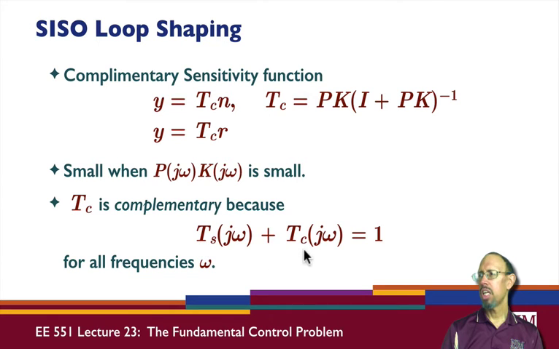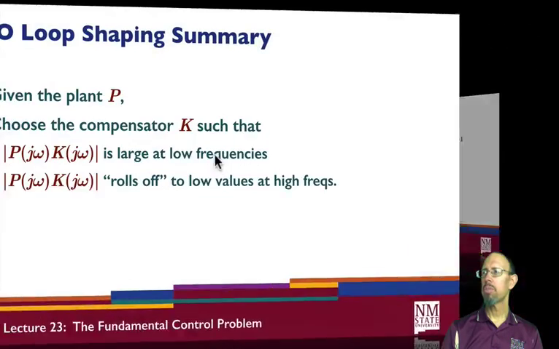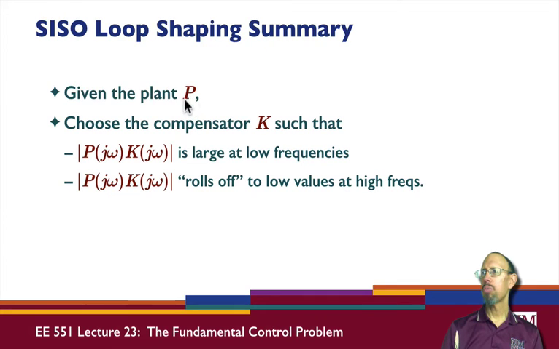In any case, these two will always add up to 1 for all frequencies. In summary, in terms of loop shaping, given a plant, we would want to choose a compensator, controller K, such that this quantity is large at low frequencies and rolls off to low values at high frequencies. So in general, that's what we want.